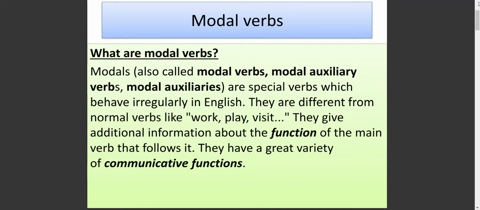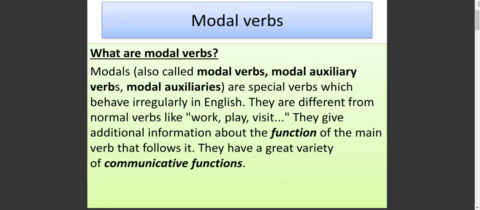Modals are also called modal verbs, modal auxiliary verbs. Modal auxiliaries are special verbs which behave irregularly in the English language. They are different from normal verbs like work, play, visit.